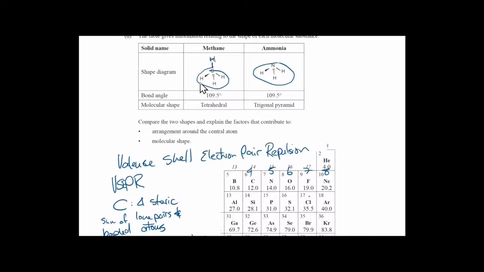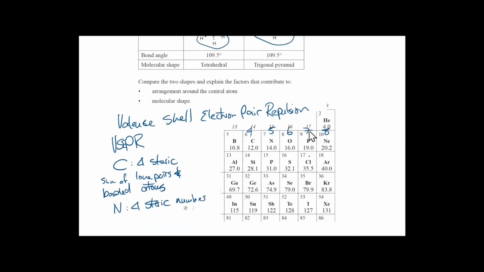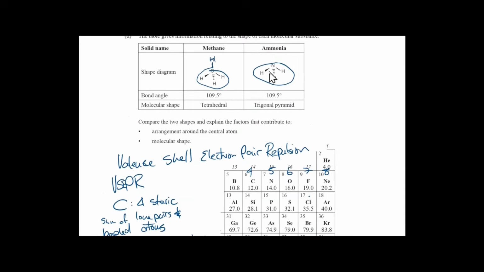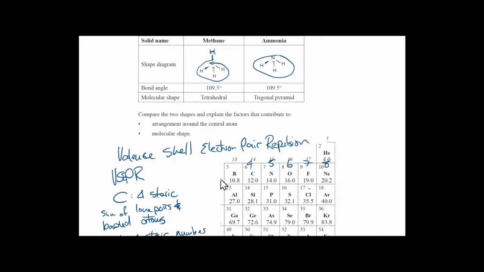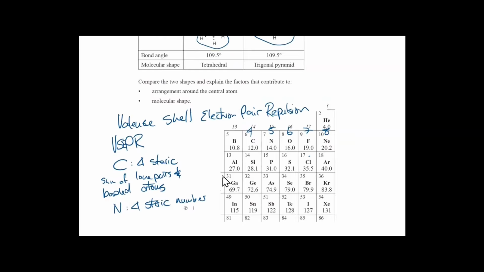Hydrogen, of course, only really needs one electron, and it's quite happy to share it with the carbon. The nitrogen has one more electron in its valence shell, but has the same steric number. So it's going to have that same shape here, but it doesn't need that antenna out the top. It's quite happy. It's got its octet.